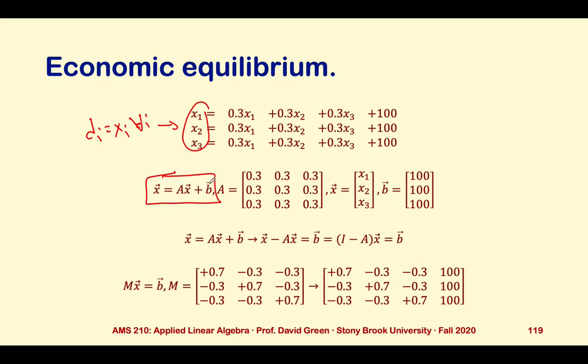This isn't in a standard form. All our tools of Gaussian elimination have been expressed in a form of some matrix times some variable equals some right-hand side. That's not what we have here, but we would like to get there.